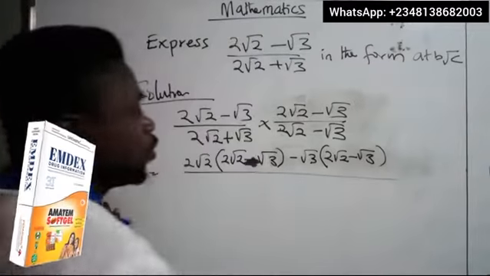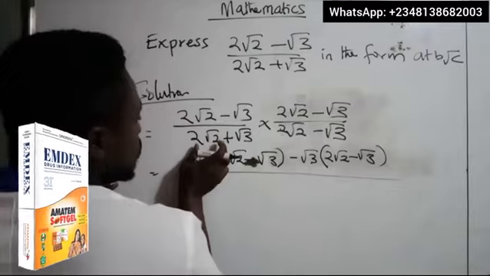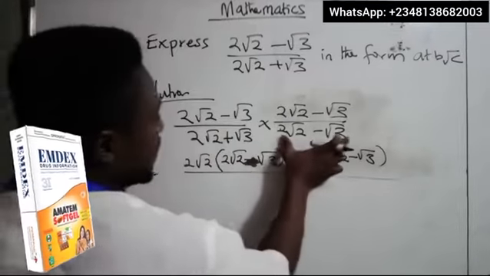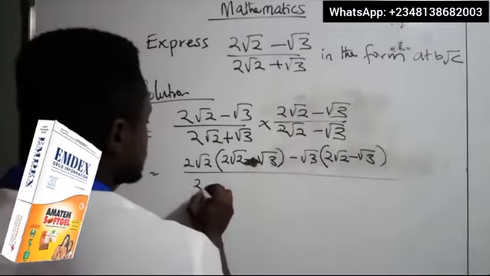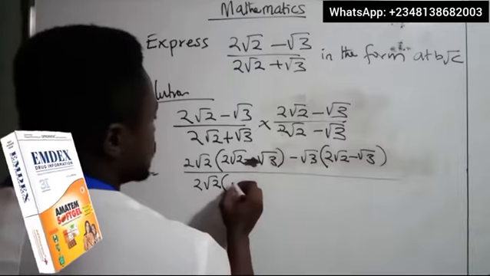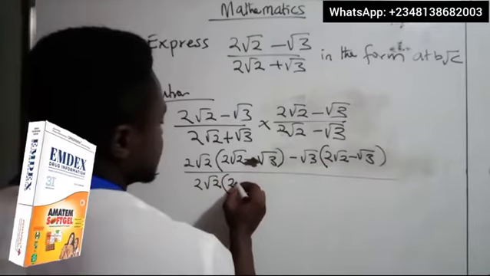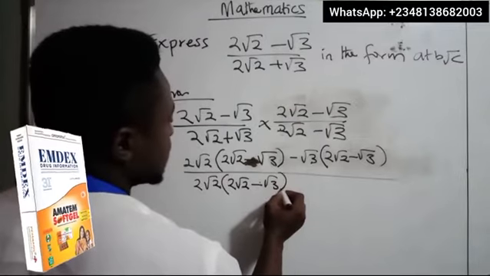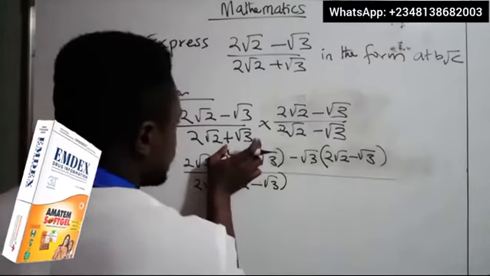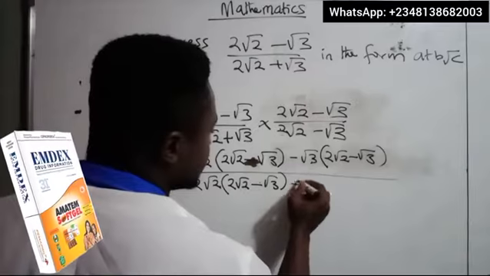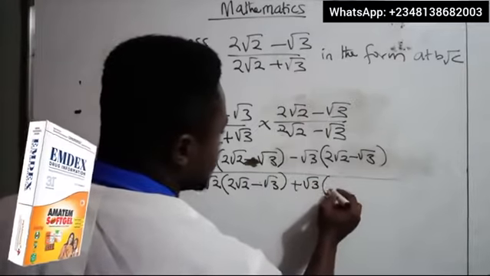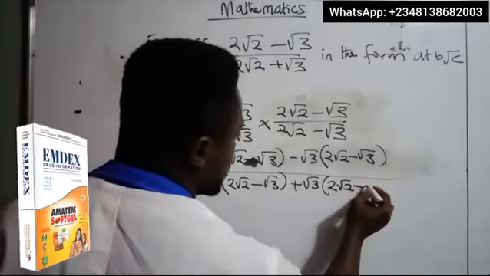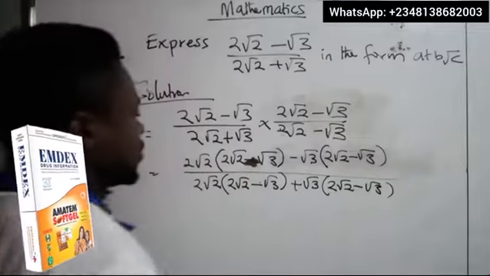Let's do the same for the denominator. We use this 2 root 2 to multiply this. We have 2 root 2 bracket 2 root 2 minus root 3. Then we use plus root 3 to do the same. Plus root 3 bracket 2 root 2 minus root 3.